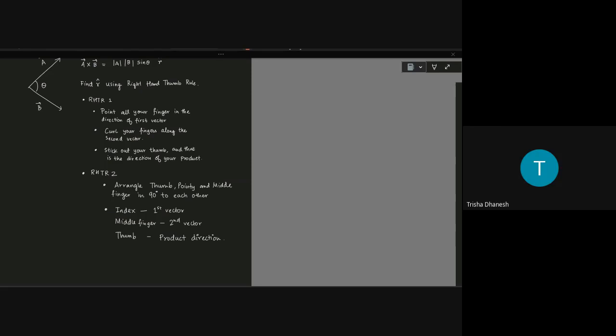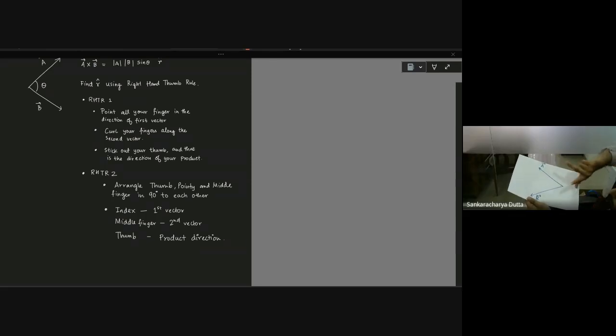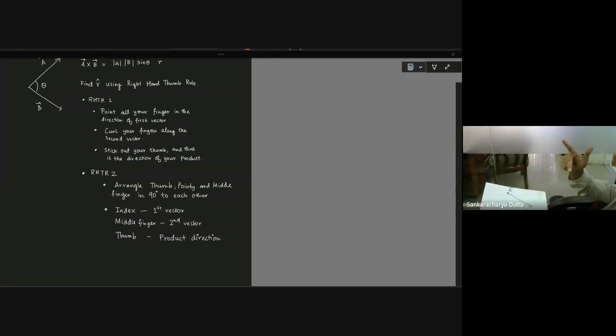Yes, sir. During this entire process, you should not bend your fingers like this. If you make your middle finger go in the plane of the index finger, this is where mistakes are created. Middle finger and index finger should not be in the same plane. They should always be 90 degrees to each other, and the thumb should also be 90 degrees to both of them.